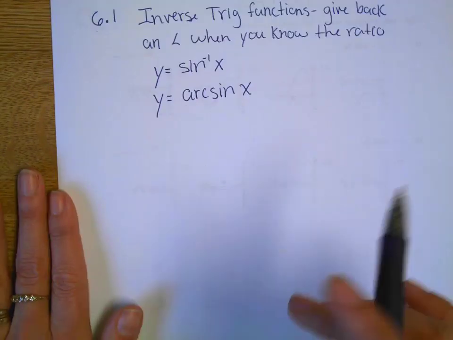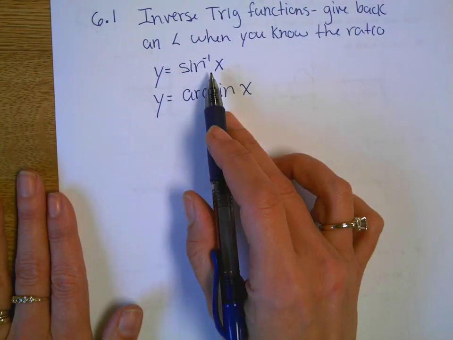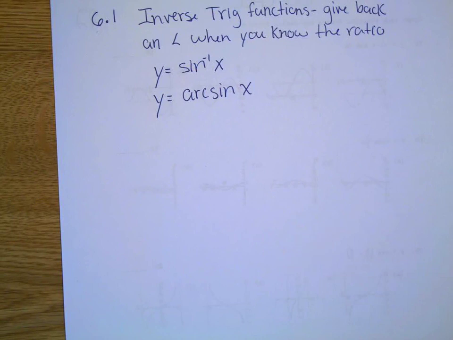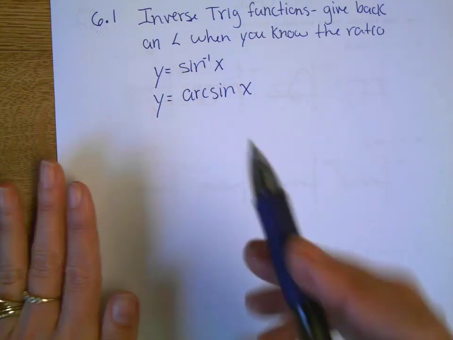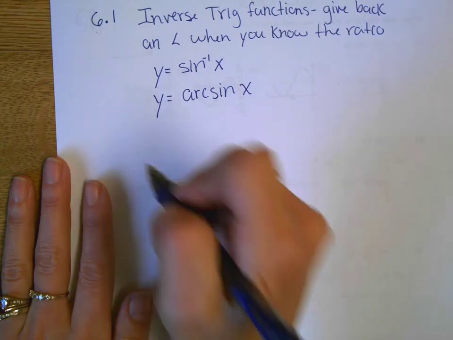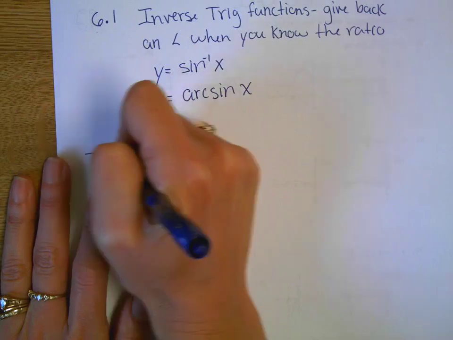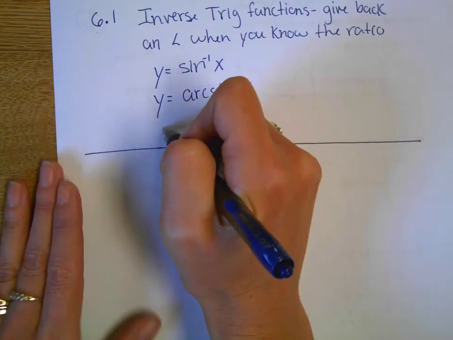Now, you need a little table here. The inverse trig functions have a restricted domain. When we did just the regular trig functions, we went all the way around the whole circle, 0 to 360, was our domain. With the inverse ones, they limit the domain and range. So this table you're going to need for your homework today.